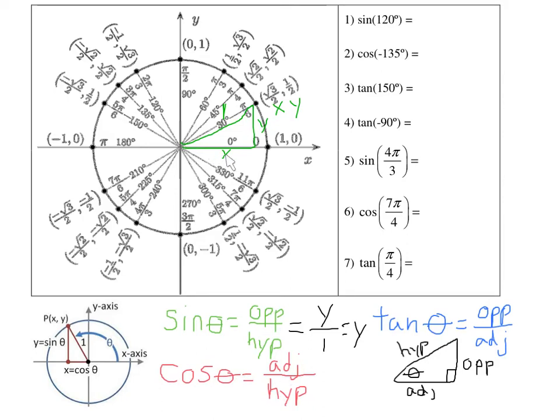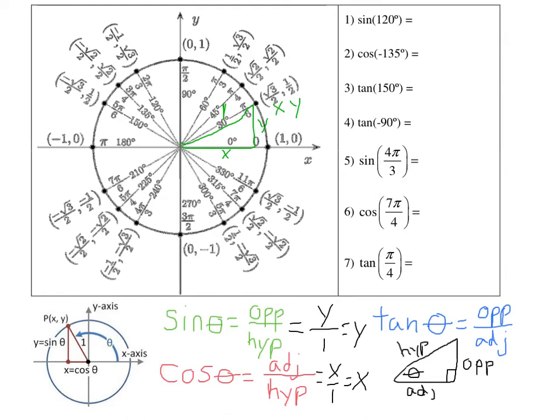So isn't adjacent your x over 1? So instead of seeing it as adjacent over hypotenuse, can I see it as x over 1, which is x? So whenever I see cosine of an angle, or cosine of 30 degrees, what that means is it's saying the x value of the right triangle, the x of the coordinate. It's going to take some time getting used to.